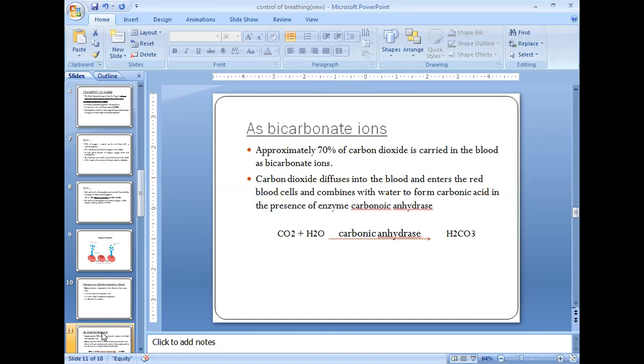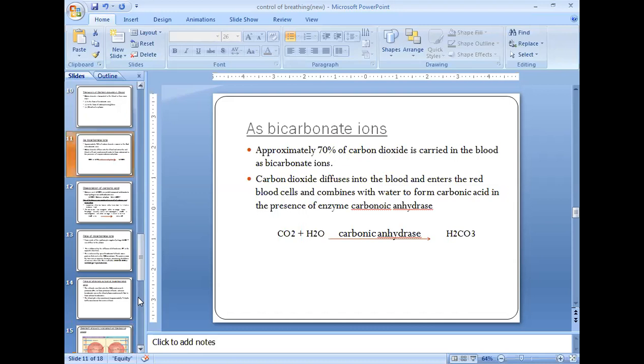Into carbonic acid. But this carbonic acid is an unstable compound, so it soon dissociates into hydrogen and bicarbonate ions.